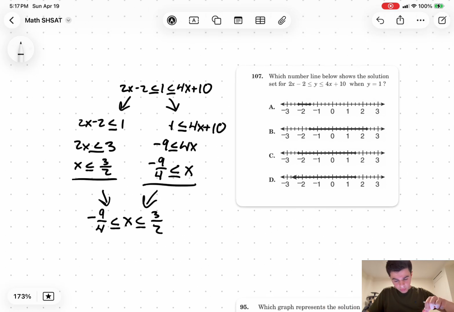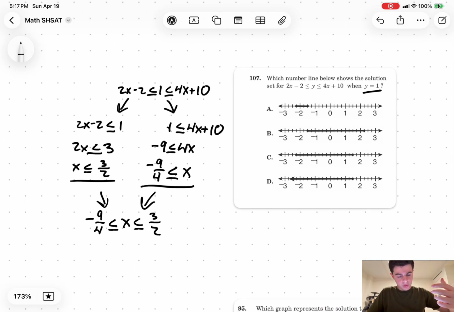And now we just got to look at our answer choices and see which answer choice represents that. So already looking at A, 3 halves is going to be over here, so we already know that this is wrong, and same with B. And looking at C, both of these are on 3 halves. So now let's look at the other side, negative 9/4.